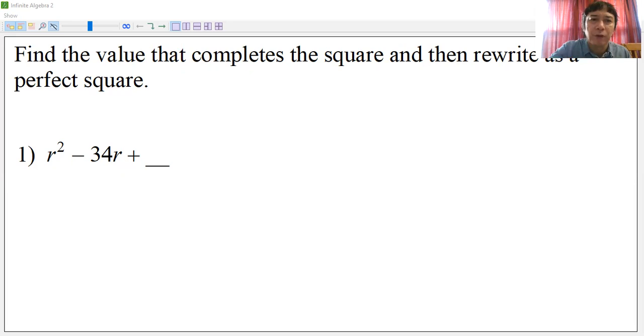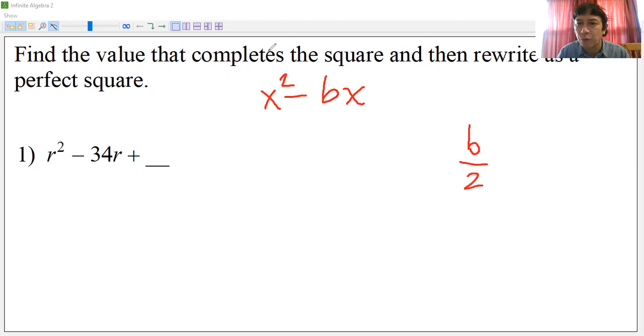So if we have this format, to get the number to be added so that it can be written as a perfect square, you use that number b, divide it by 2, and afterwards square it.